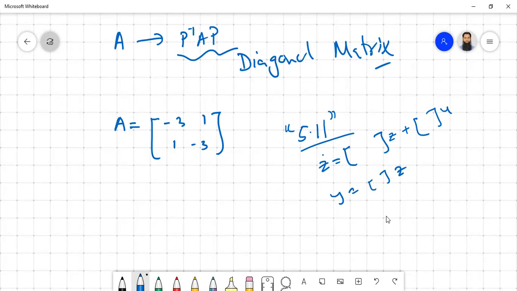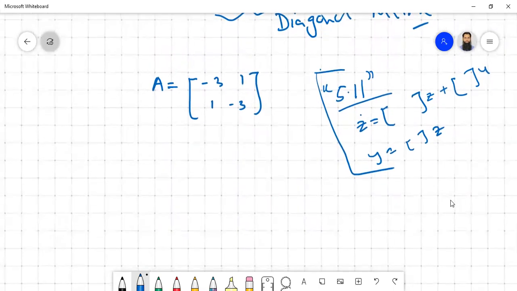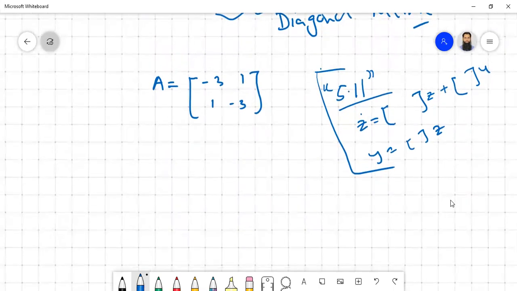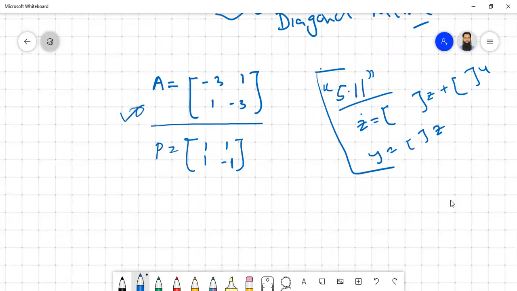Okay, so this is what they have done, but I'm just showing you, because a long time has already elapsed, whether the new P matrix that we have obtained is actually diagonalizing the system matrix into the new form.